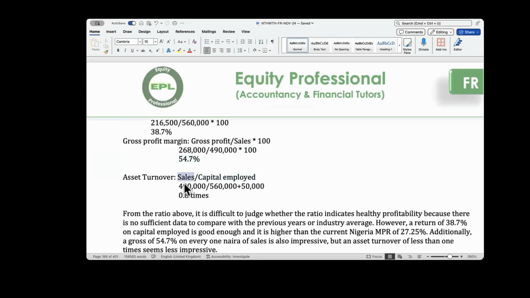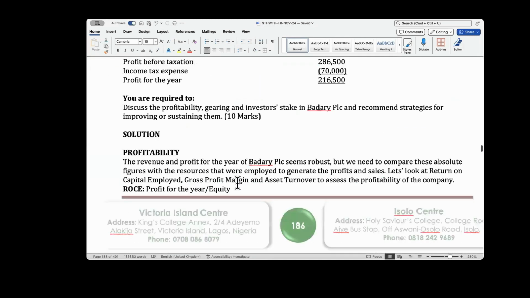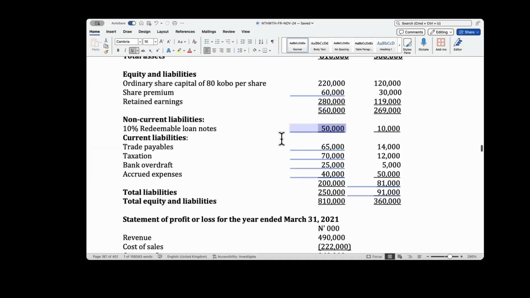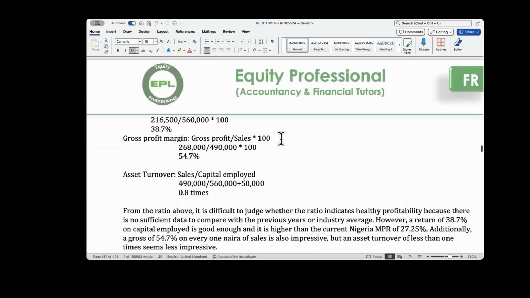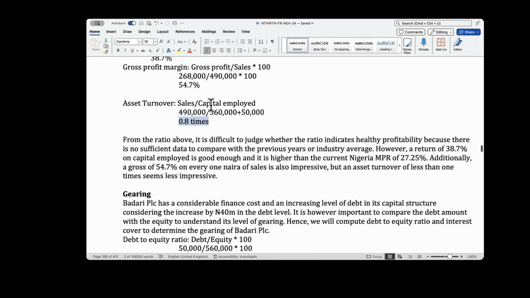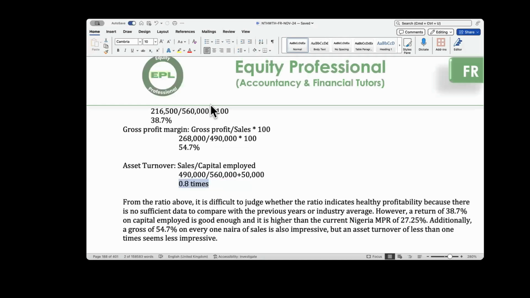My sales is 490. My capital employed, I used equity plus debt, which is this equity plus this long-term debt. That gave me my capital employed. Then my asset turnover is 0.8 times. You need to remember that asset turnover is in times.